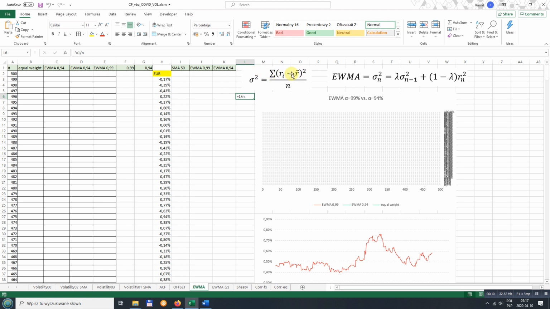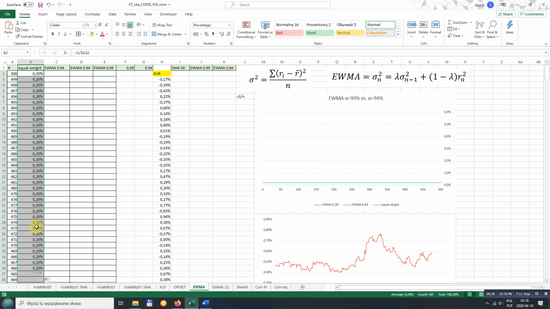So if, for example, I want to analyze 500 trading sessions, so about 2 years, if I want to calculate volatility, I would have a weight equal to 1 over the total number of observations. And this weight would be equal. If I choose a subset of observations, for example 100, then each weight would be equal to 1%.